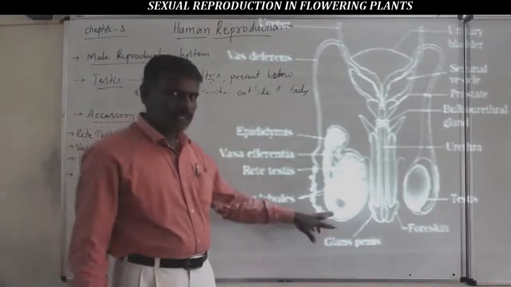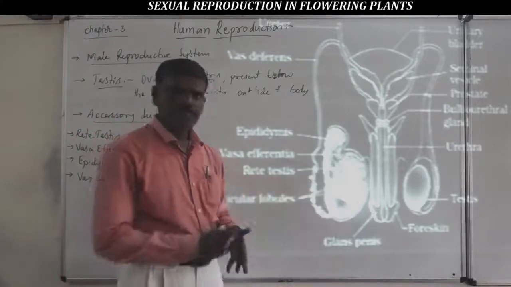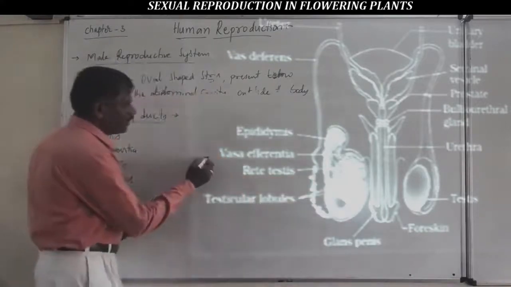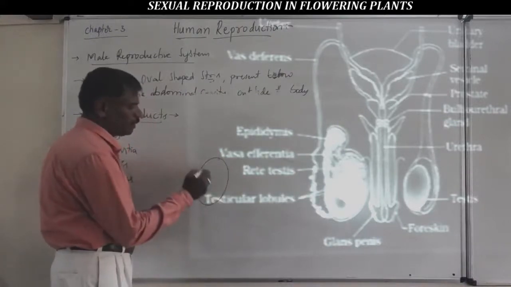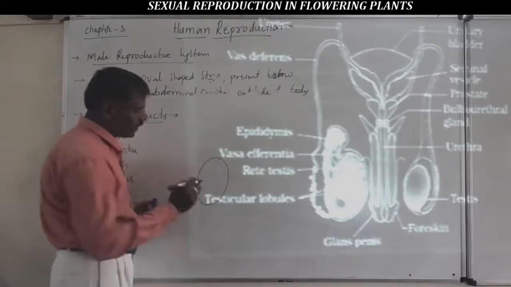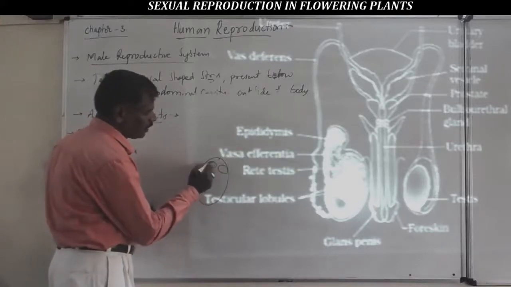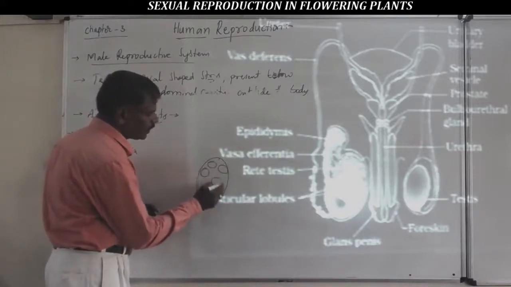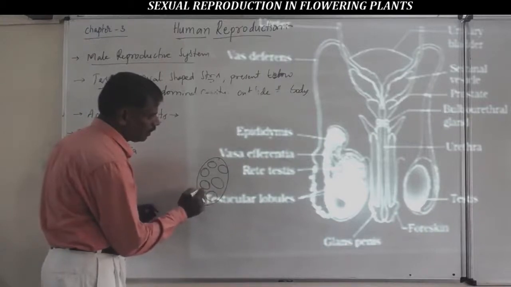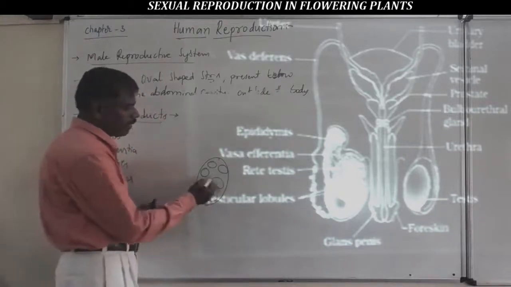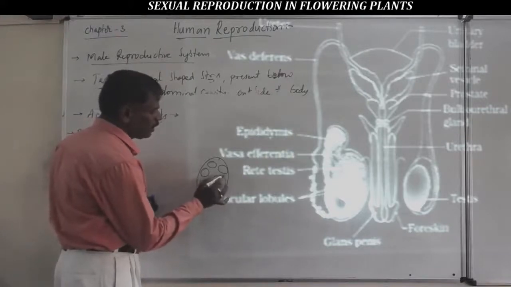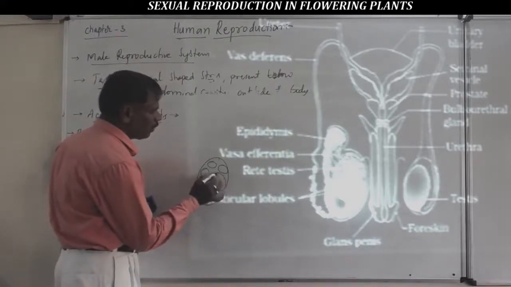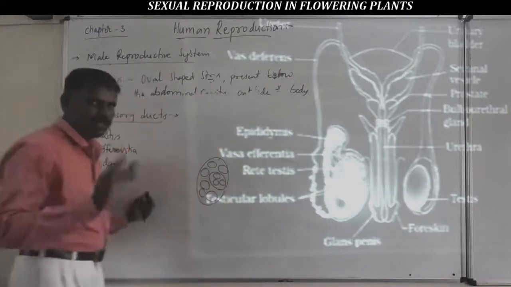They are not clearly seen in this diagram. The testis consists of a number of testicular lobules, and each testicular lobule consists of two to three seminiferous tubules.